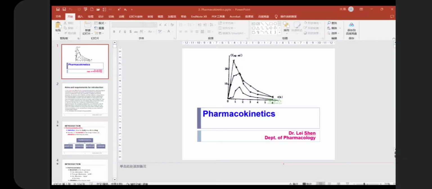Absorption is from the site of drug administration into the circulation, distribution is the drug being distributed to the different tissues, metabolism is when the drug structure is changed by our body, and excretion is the drug leaving our body.